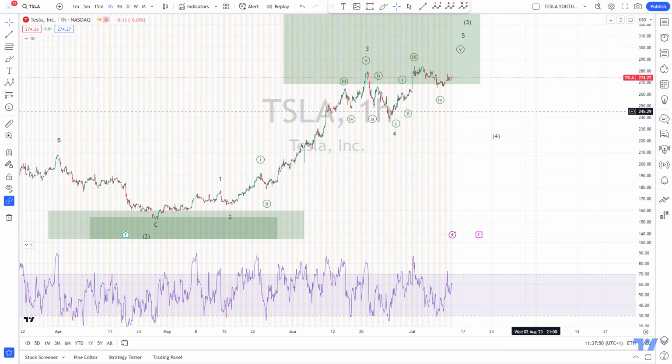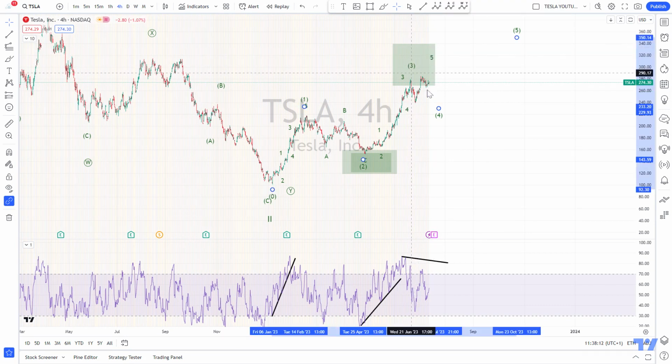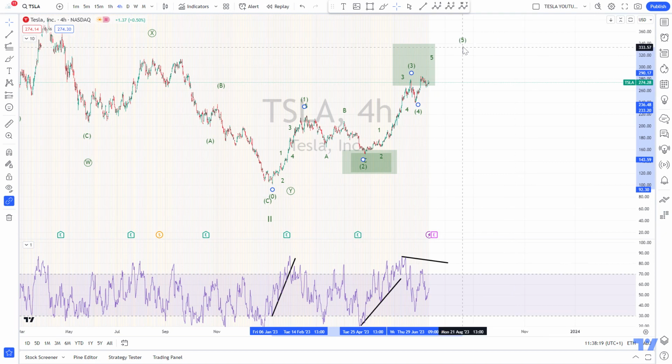However, it could be that I change my mind and also my primary scenario if we would take out this divergence here. It would mean that our wave 3 was already in, that we only had a shallow wave 4 to the downside, and that we are now ready for more upside in this higher degree wave 5.